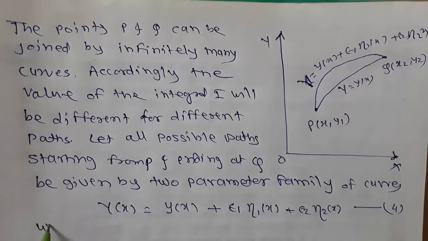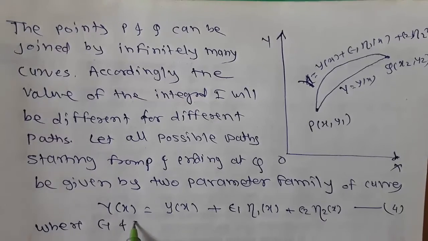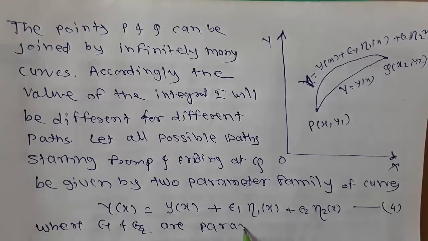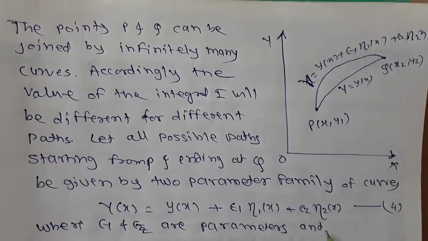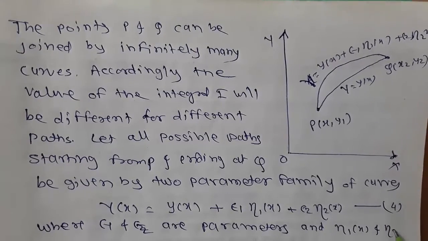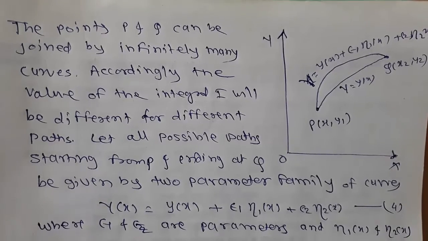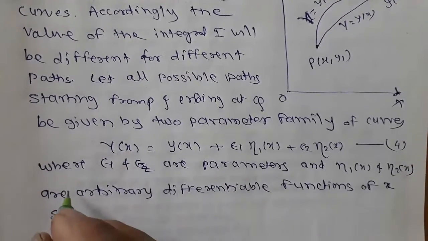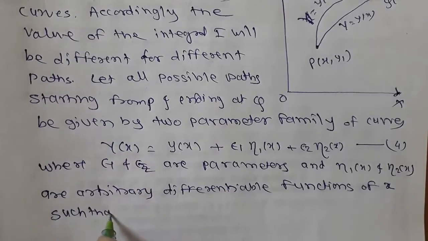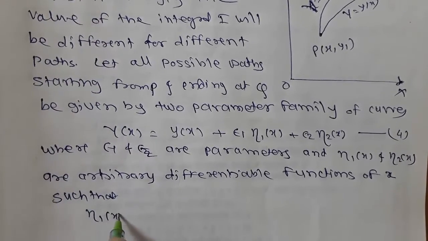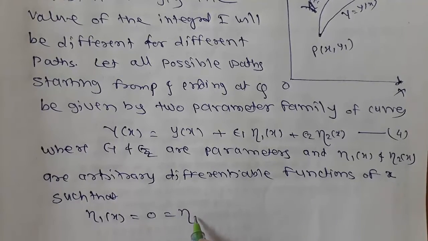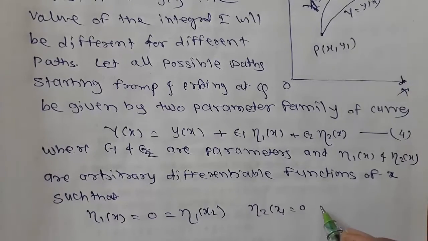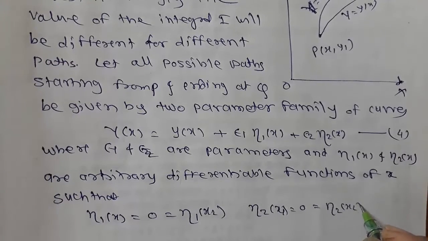where epsilon 1 and epsilon 2 are parameters and eta 1(x) and eta 2(x) are arbitrary differentiable functions of x, such that eta 1(x1) equal to 0 equal to eta 1(x2) and eta 2(x1) equal to 0 equal to eta 2(x2).